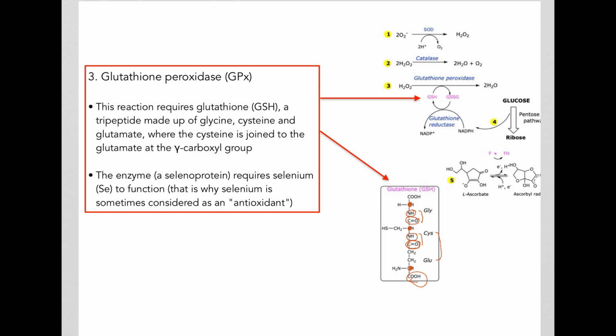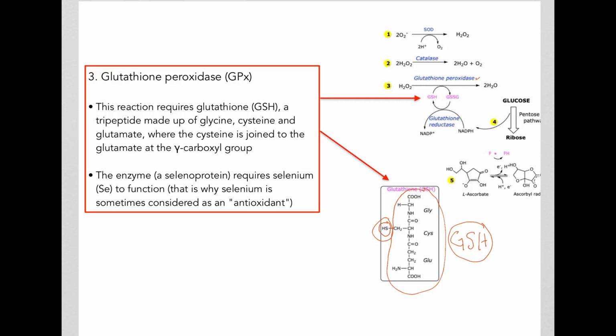So this is a little bit of a different linkage here. The important group we want to look at is the sulfhydryl. So basically this whole thing here we abbreviate as G, and then the acids we write acids. So this is glutathione, the reduced form of glutathione, or GSH.